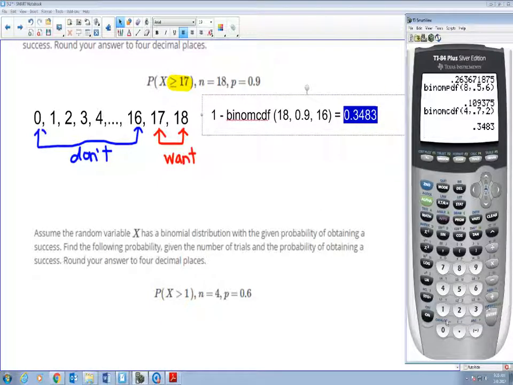So in my calculator, we'll type 1 minus second distribute, alpha letter B, binomial CDF 18 comma 0.9 comma 16. Alright, run to 4 decimal places, 0.4503.